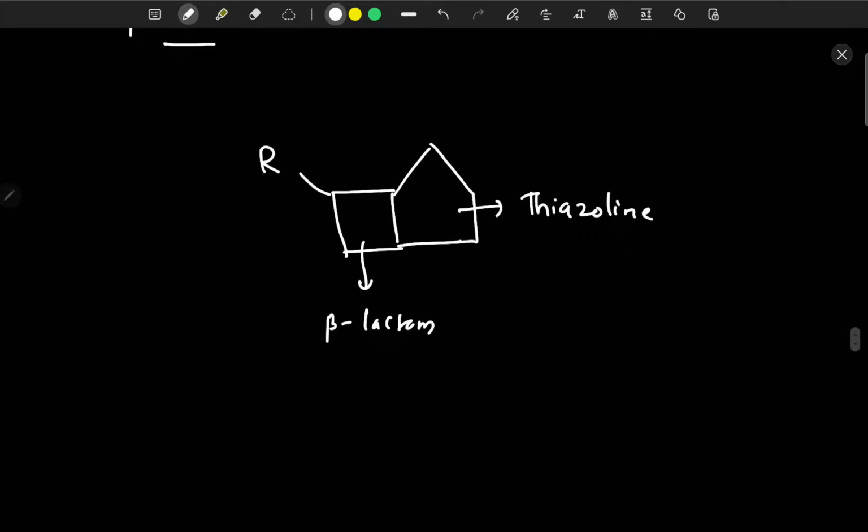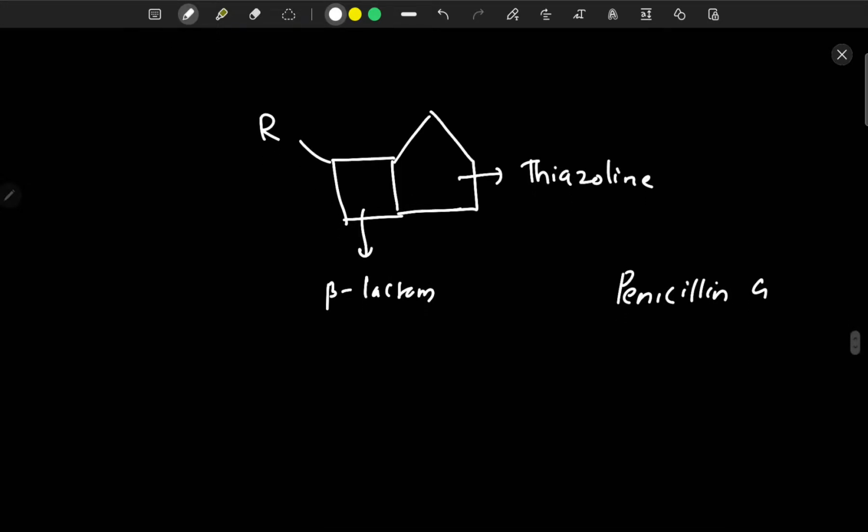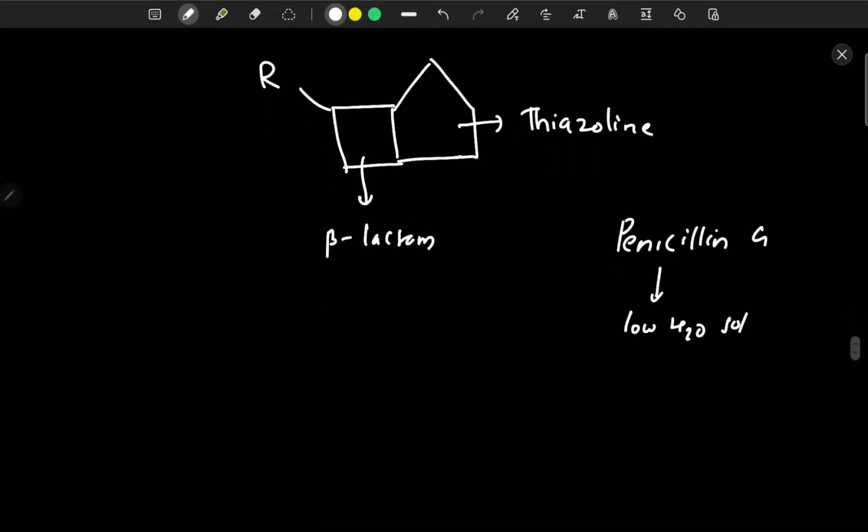The first penicillin that was discovered was penicillin G. Penicillin G had low water solubility, so it acted against only gram positive bacteria and some gram negative bacteria.